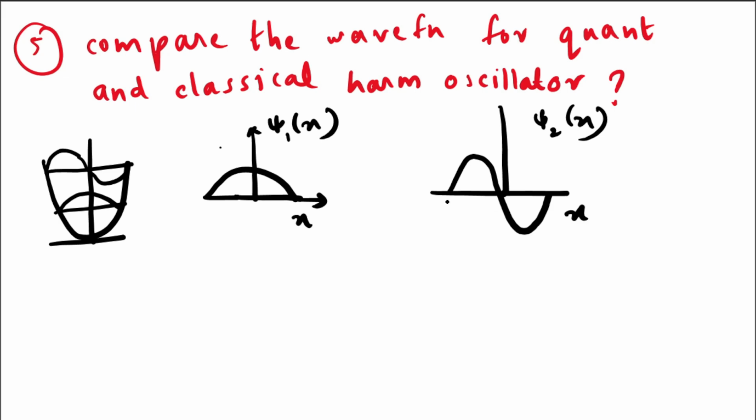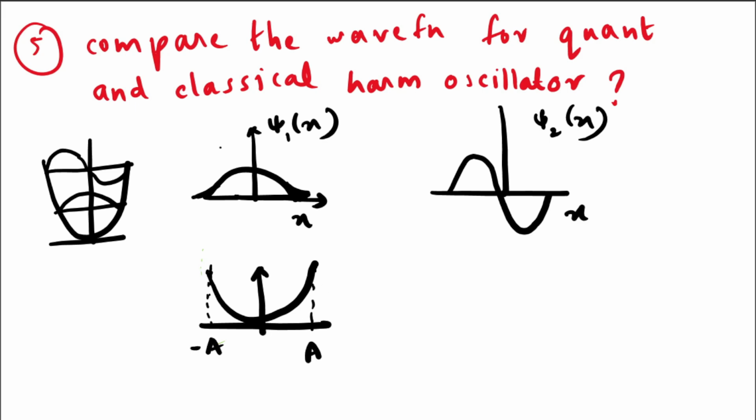And now drawing the same thing for the classical harmonic oscillator. There is slightly some tailing here. For the classical harmonic oscillator, the curve is inverted, completely opposite, and there are limits minus A and plus A. According to classical theory, the classical harmonic oscillator cannot go beyond these classical limits.